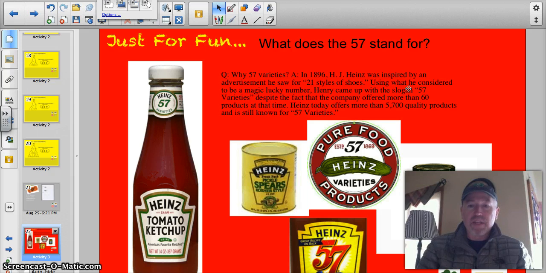He still chose 57. Today, Heinz offers more than 5,700 products, but it's still known for 57 varieties, so that's kind of fun. It used to have a pickle on it too, and actually I didn't know they had pickles. That's another one of the myths out there, that it's 57 different varieties of pickles. All right, this is right from the Heinz website though, so I'm pretty sure I'm accurate.